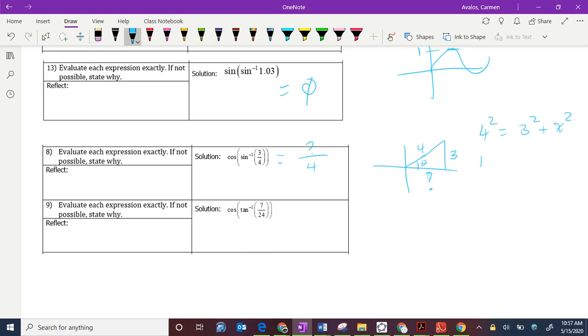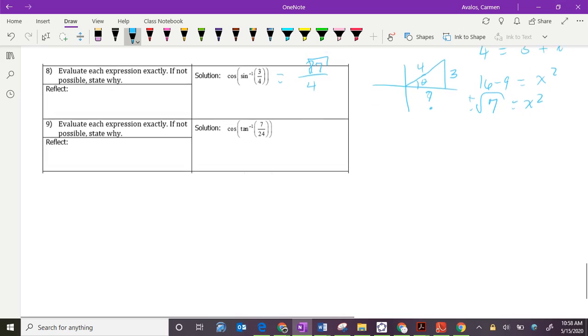And so we end up with 16 minus 9 is equal to x squared, so 7 is equal to x squared. We take the square root of both sides, and because we're talking about a distance, we take the positive. So it's going to be the square root of 7 over 4.